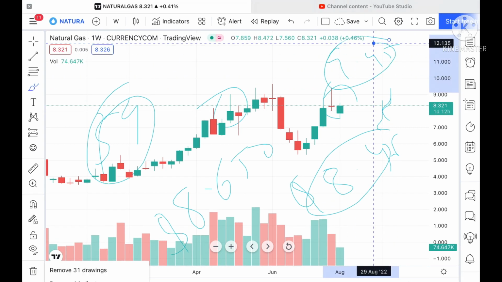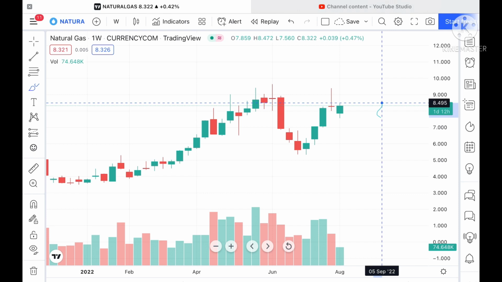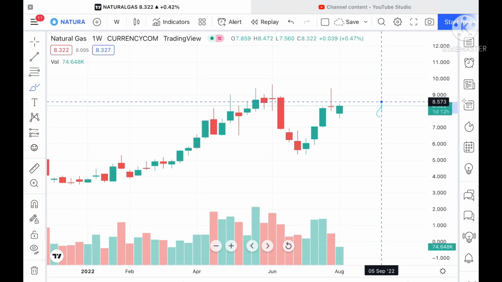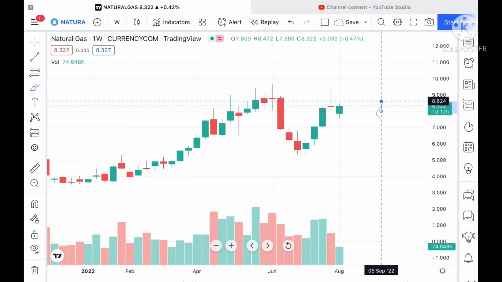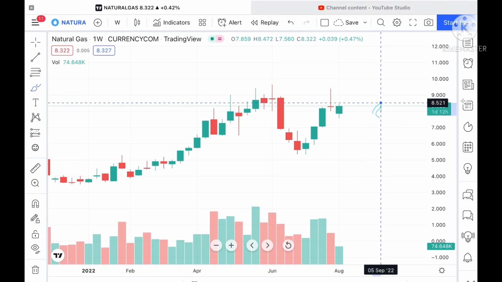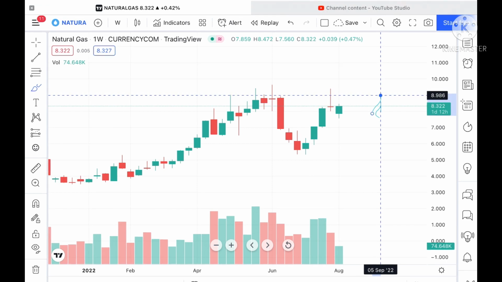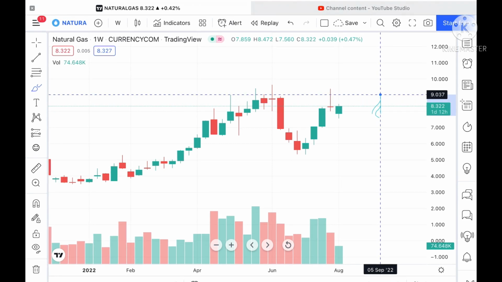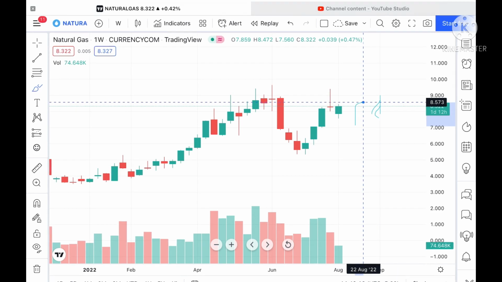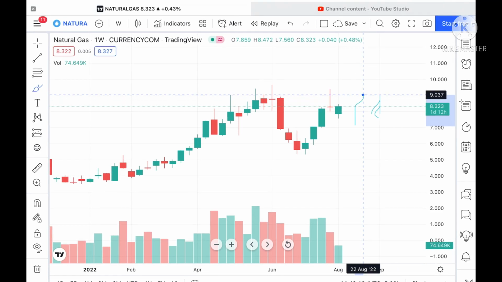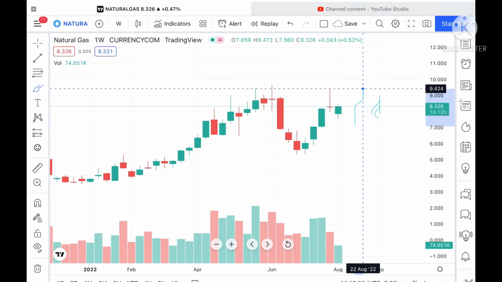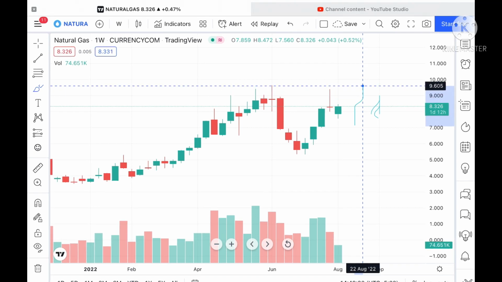Again I repeat, if it sustains above a level of $8.5, then we can see it go to a level of $8.6. If that $8.6 sustains, then we have a weak resistance of around $9. If it goes above $8.6, there is a high probability it can touch a level of $9.6.